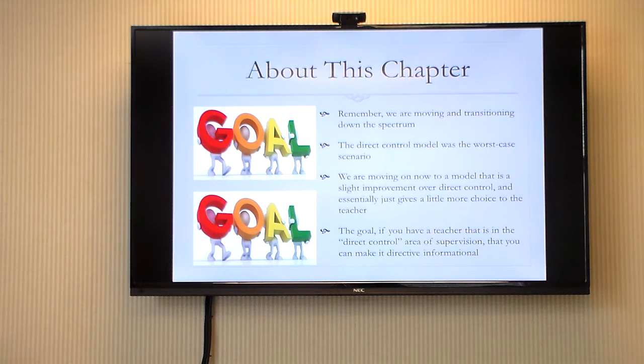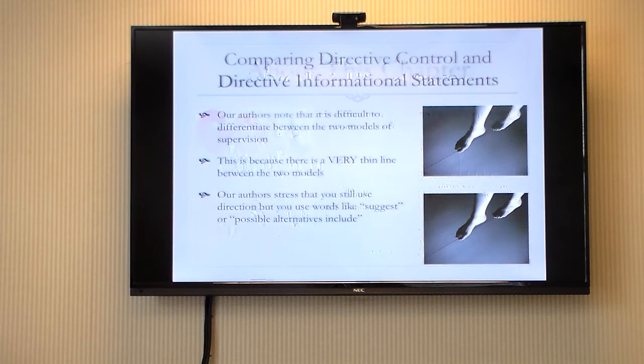I like this model. If you are using direct control in your conferencing, you can really move to integrate this model into your practice, and I think it's something all of you should consider if you are in a position where you have to be directive control. I like directive informational, I like collaborative, and I think these are models that work when you conference.